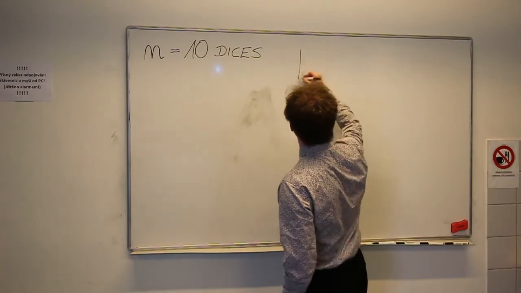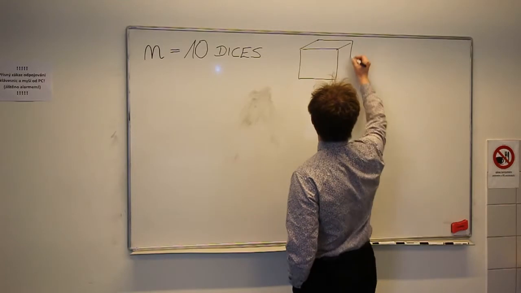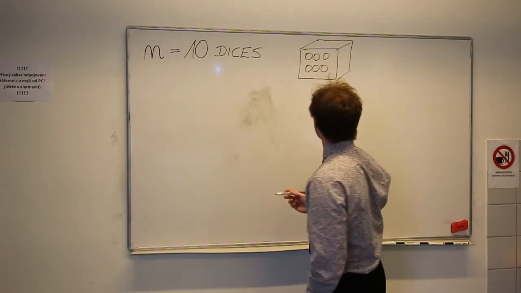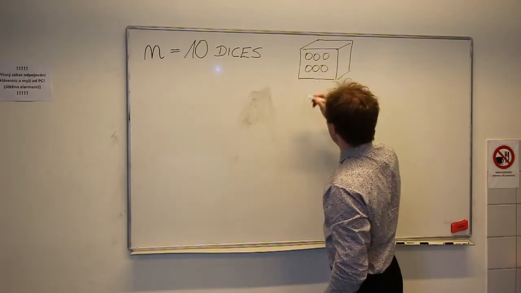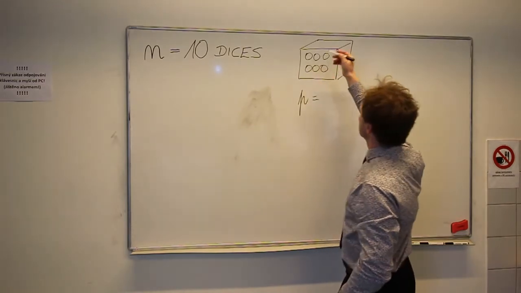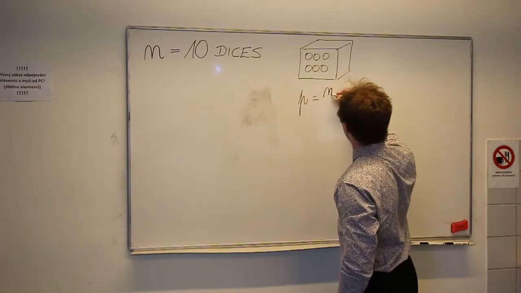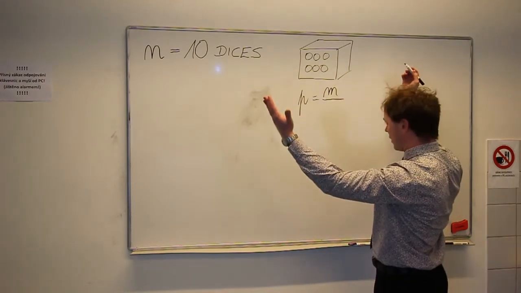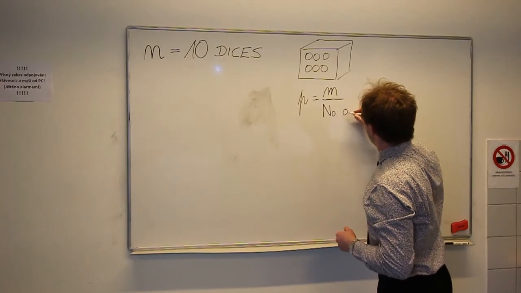And if you remember, this is the dice, and there is, for example, the position with number 6. When we calculated the probability that you will see this position 6, it was calculated as m divided by the number of sides.